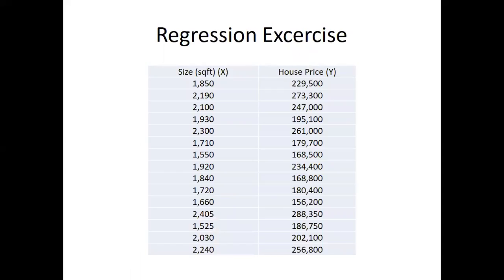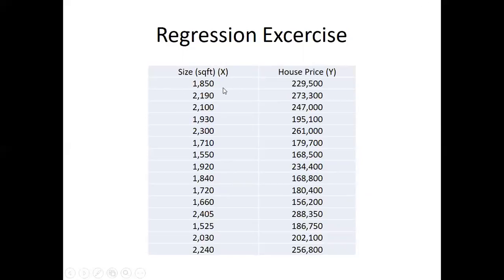So let us consider one exercise, a regression exercise, to predict the price of a house based on the size of the house. The simple sample price data is given here.